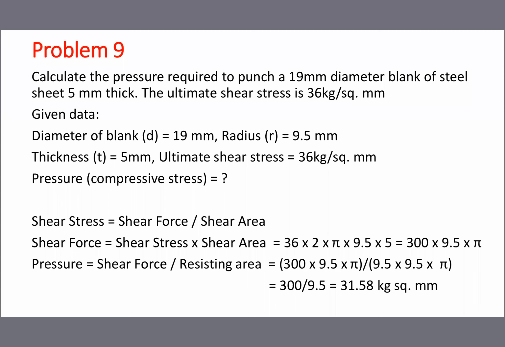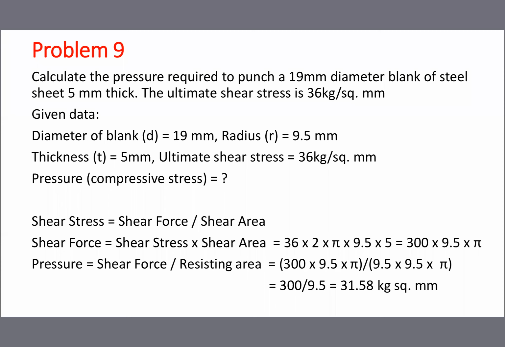Calculate the pressure required to punch a 19 mm diameter blank of steel sheet 5 mm thick. So it is similar to our coin. You have seen our 1 rupee or 5 rupee coin.